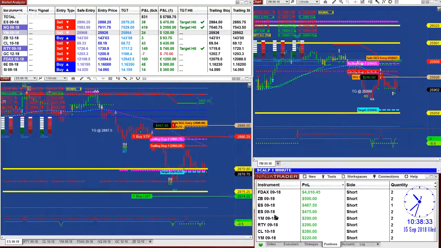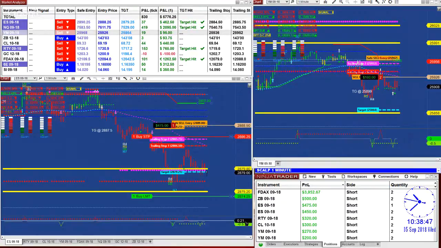Today is only 300, 400. There is not much, except the DAX is a totally different animal. From the 30-year Treasury bond to the ES, Russell, CL, they are only small amounts, 300, 400, 500.